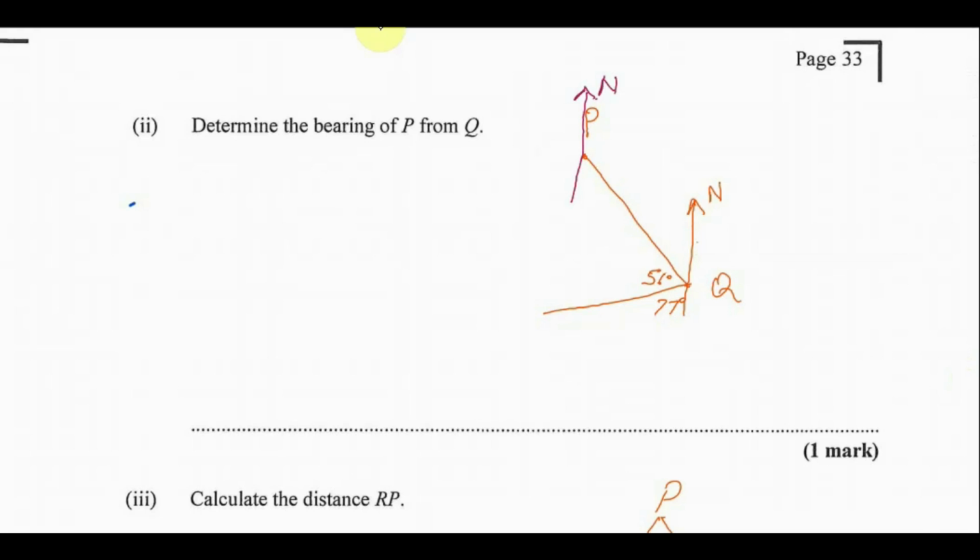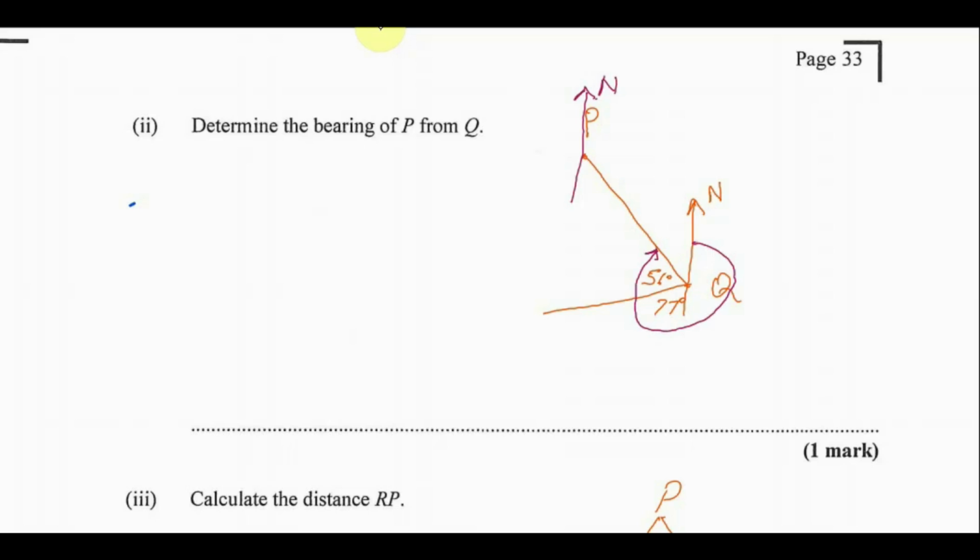So the bearing of P from Q is the angle made from north at Q in a clockwise direction to the line of sight of P from Q. That's this angle here. This angle is made up of 3 angles. This is 180 degrees. Here is 77 and here is 56.